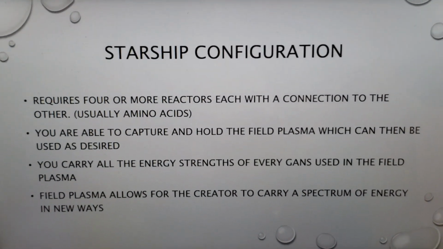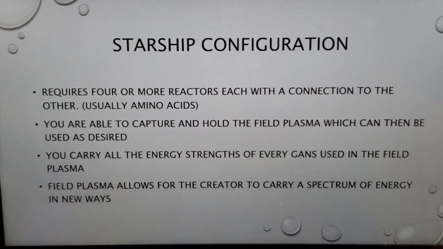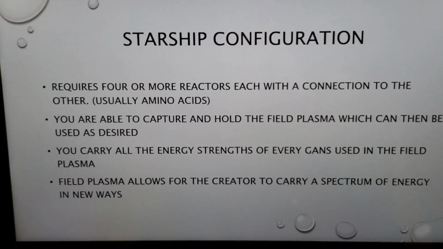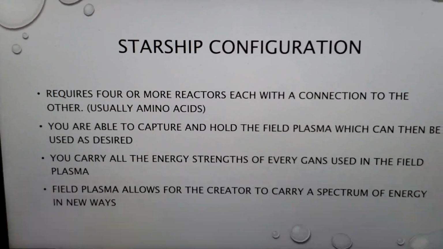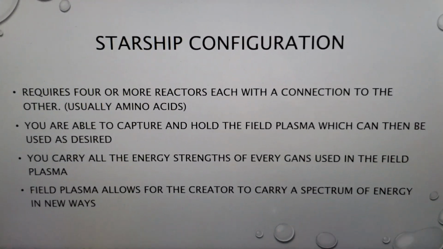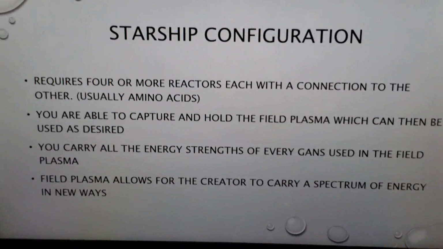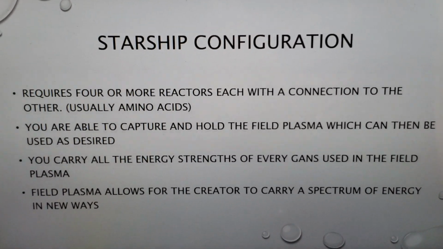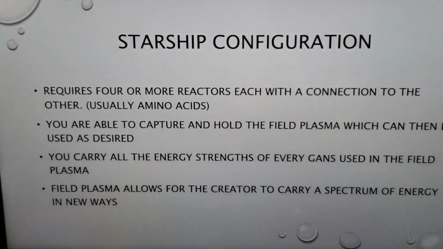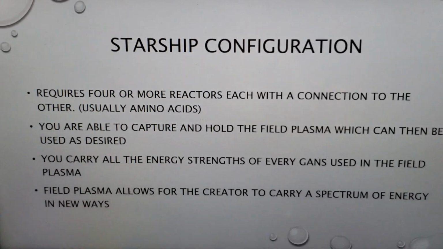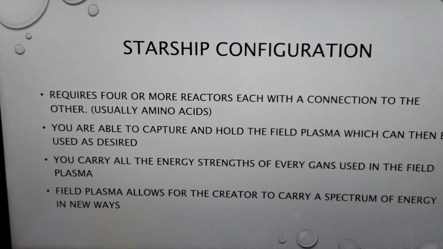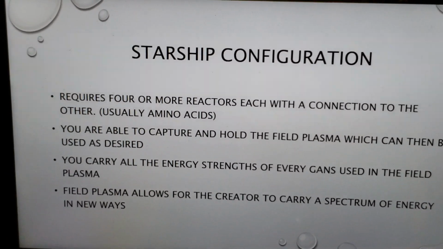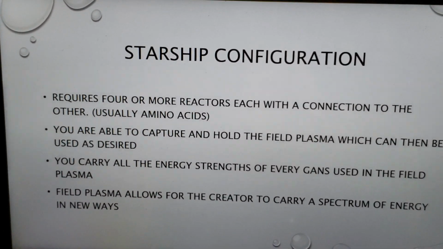Field plasma allows you to carry a spectrum of energy in new ways. So this spectrum of energies is, if you remember his drawing of the circle going in farther and farther, the spectrum brings you closer into higher strength fields, so you can do more things with them.